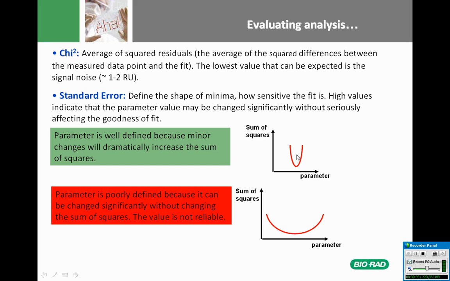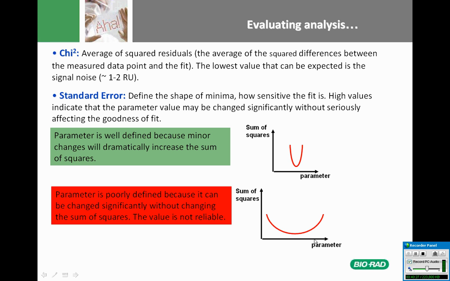So here are shown two examples. In this upper graph, you can see a parameter on the x-axis. It's the parameter value, and you can see that if the parameter value or magnitude is changed a little bit, the sum of squares increases tremendously. On the other hand, in this lower example, the parameter is poorly defined. Why?